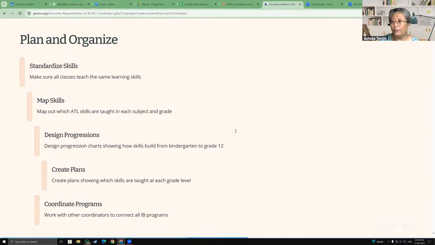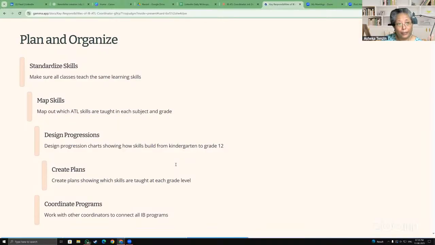And when we are talking about vertical mapping of skills, how will one skill look from grade 6 to grade 10, grade 12, all right, from KG to grade 12? So that is what the vertical mapping is. You need to have both those documents, and you have to maintain them as an ATL coordinator.